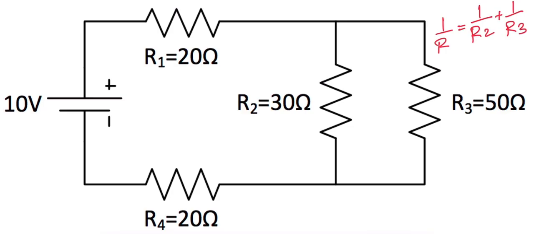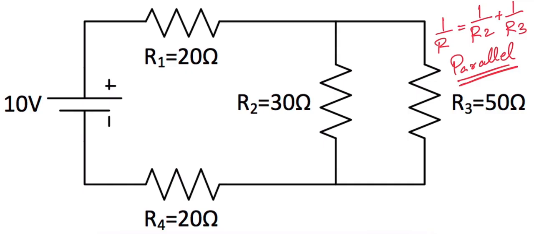Again, that will give you the final answer to 1 over R, so you need to flip your answer at the end. You need to inverse the final value, and that will bring you to the correct value of R. All right. So this equation is specifically for parallel connections.